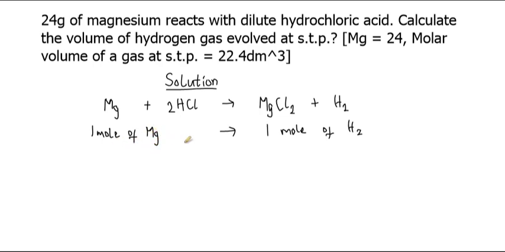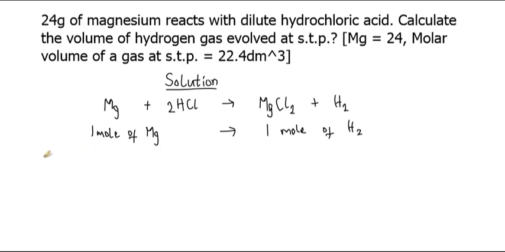So if 1 mole of magnesium produces 1 mole of hydrogen gas, we are being asked to calculate the volume of hydrogen gas, and we do not know the number of moles of magnesium that reacted, but we are given the mass of magnesium and the atomic mass of magnesium. So to make the work easier, the next thing to do is to calculate the number of moles of magnesium that reacted with hydrochloric acid.